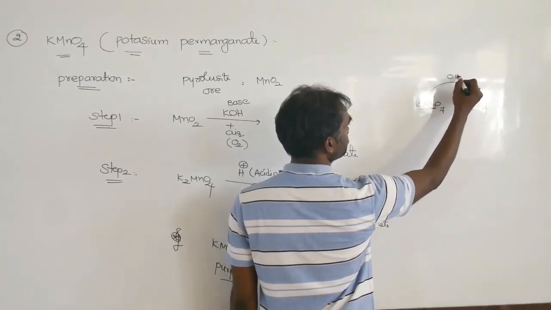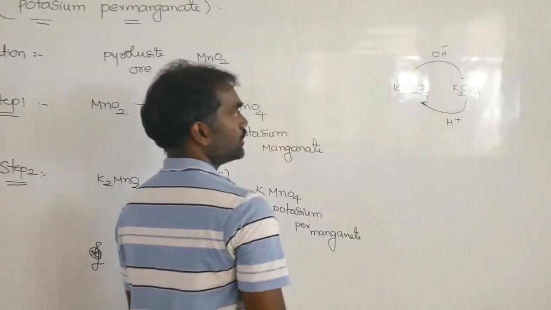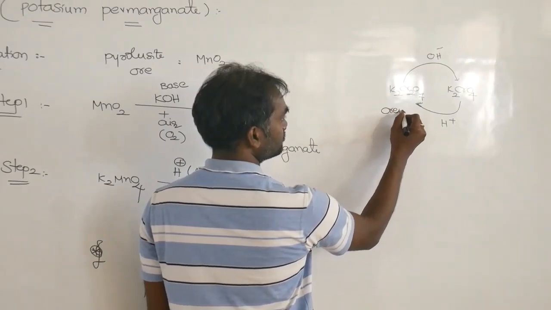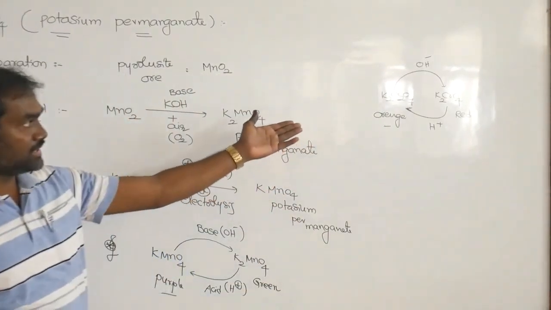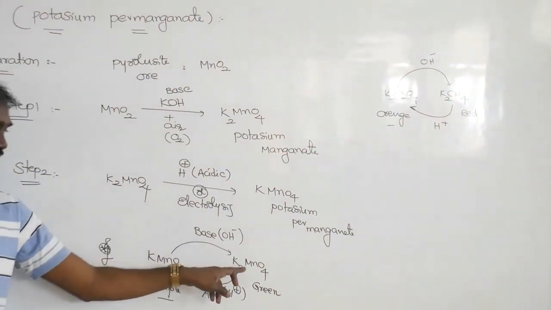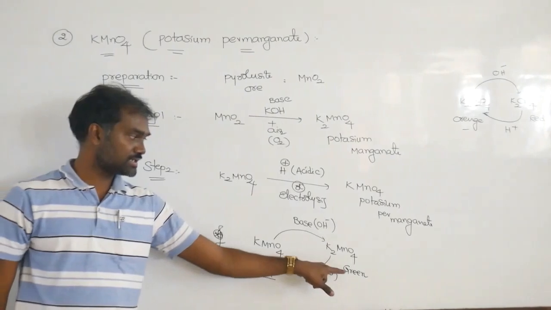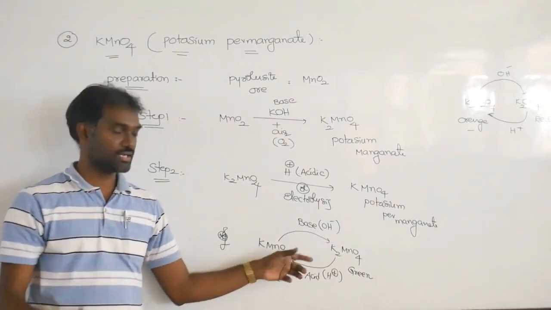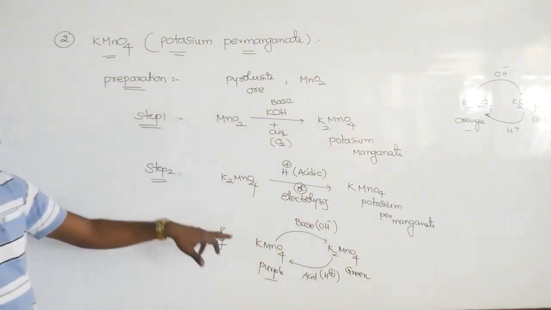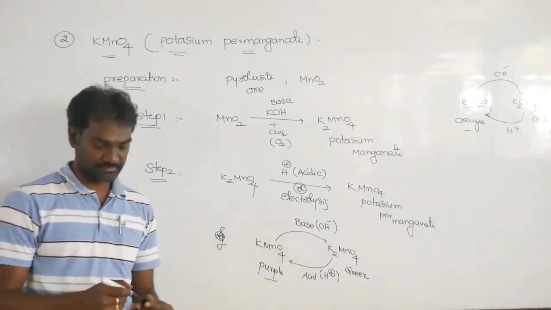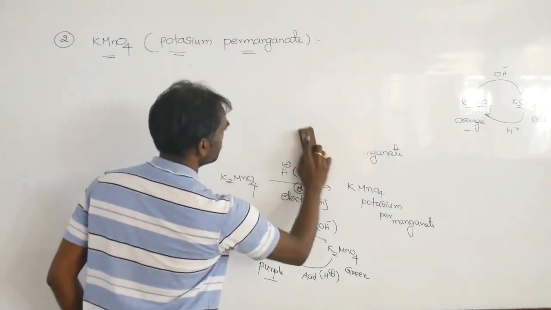In basic medium it is from here to here, acidic medium. So this is orange color, this is red color. Same manner here also: KMnO4 in basic medium, you will get K2MnO4. In acidic medium, KMnO4. This is purple color, that is green color. So in one word questions, otherwise in your entrance also, this point is important. Next, these two structures now we are going to discuss. So structure and hybridizations.